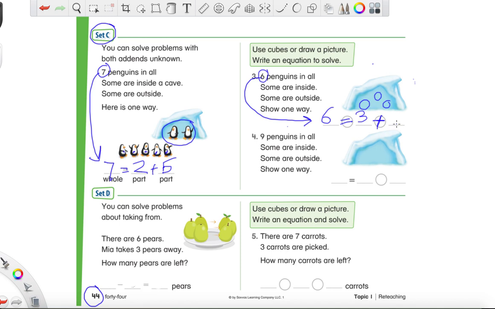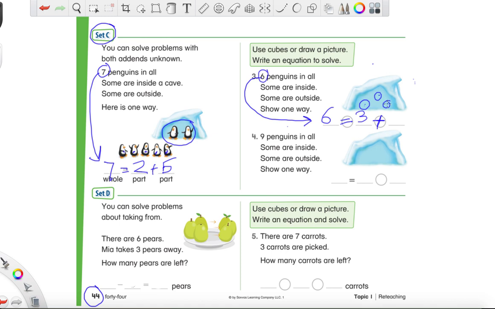Okay, if you're still working on this, that's fine. Pause the video. Either move your mouse on the video, click it so it pauses, or tap that space bar on your keyboard. Now let's go over this together. Now all we're going to do is keep drawing on the outside of the cave until we get a total of 6 circles in all. So we have 3 on the inside, 1, 2, 3.